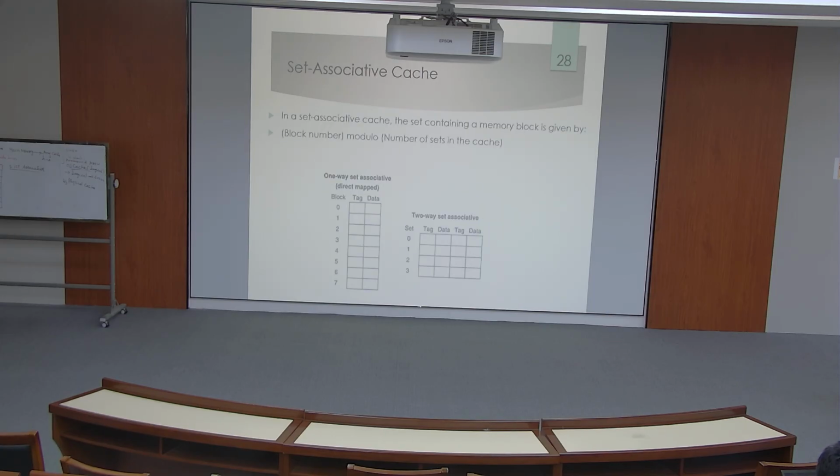Now, in set associative, we have to find the cache line. Cache line equals the block address mod the number of sets.